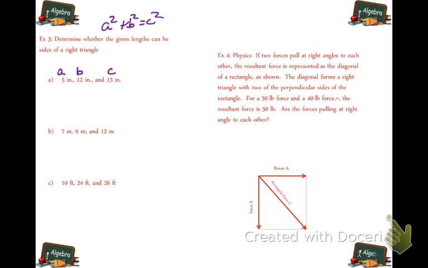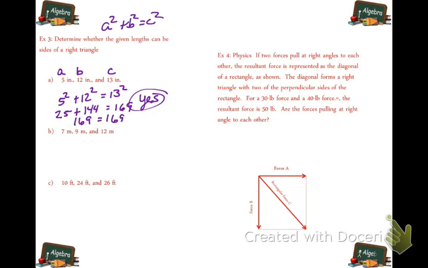So let's try it. 5 squared plus 12 squared equals 13 squared. 5 squared is 25 plus 144 equals 169. You add up 25 plus 144, and that is 169, equals 169. And because they equal each other, you would say yes.